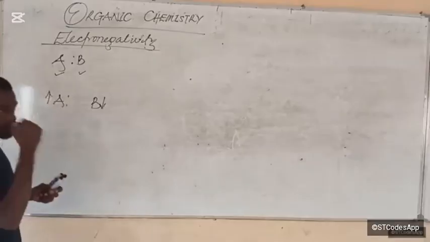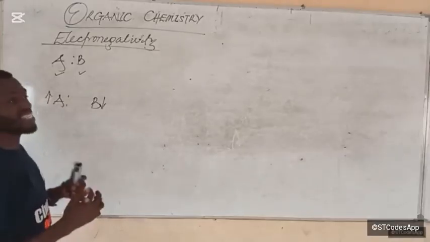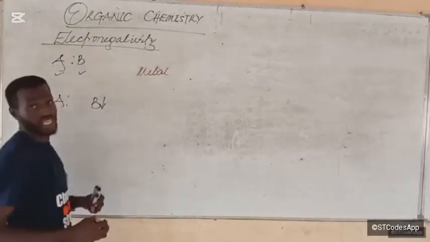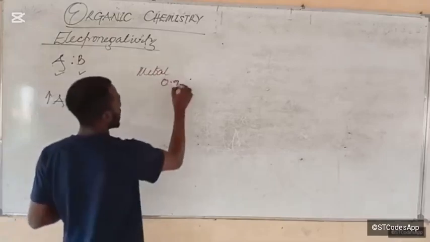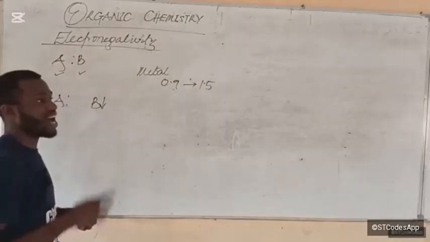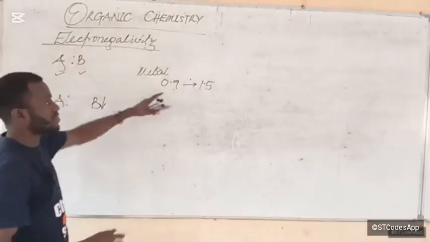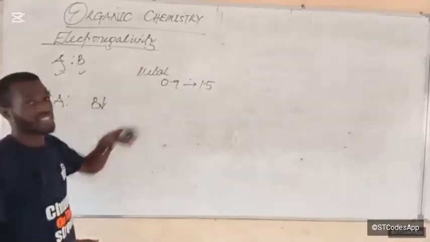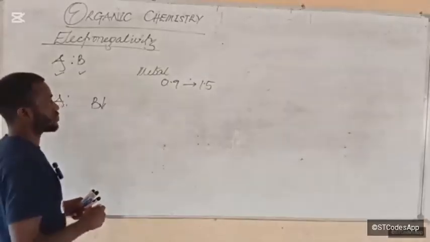Usually, metals have low electronegativity values, usually between 0.9 and 1.5. In fact, the 1.5 is for things like the alkaline earth metals. Alkali metals have low electronegativity values as low as 0.6, 0.9, 0.89, and all of those.